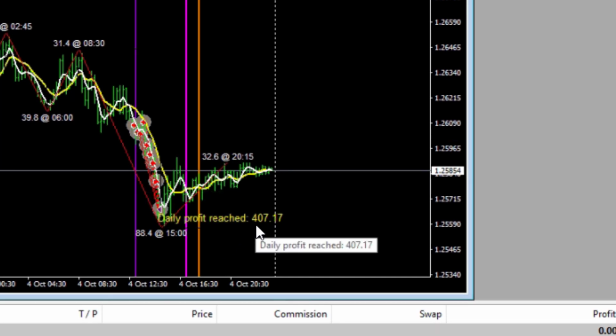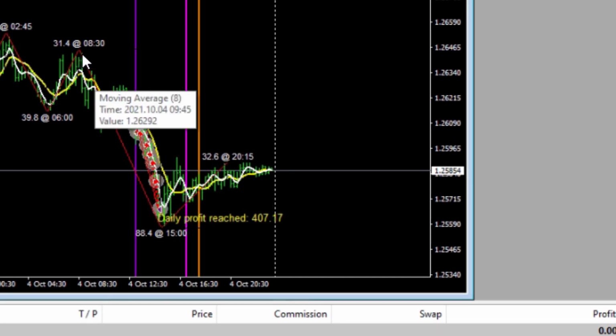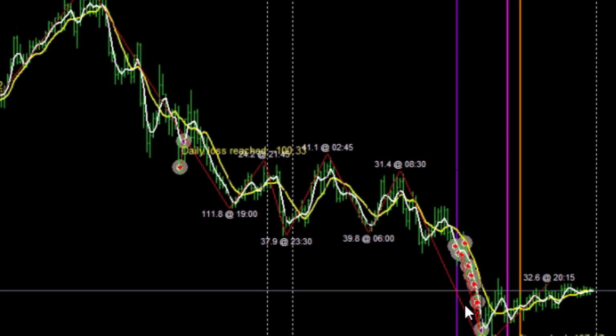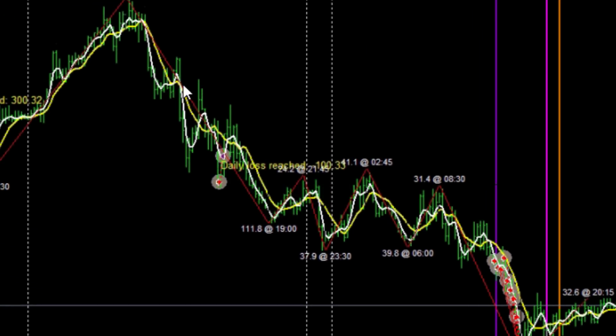Yesterday a profit of $400 was made because I caught the trend very nicely there. That loss was made in the middle of the trend. The entry was at a bad time when it actually had a retracement in the trend, so I need to look at that particular aspect, but it was still in the major trend time.